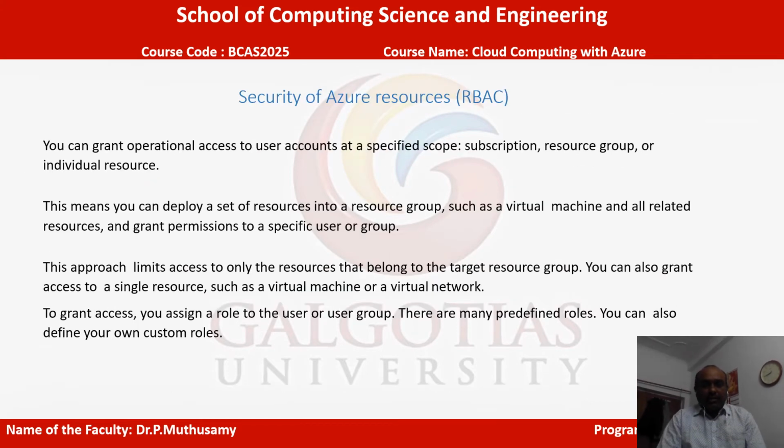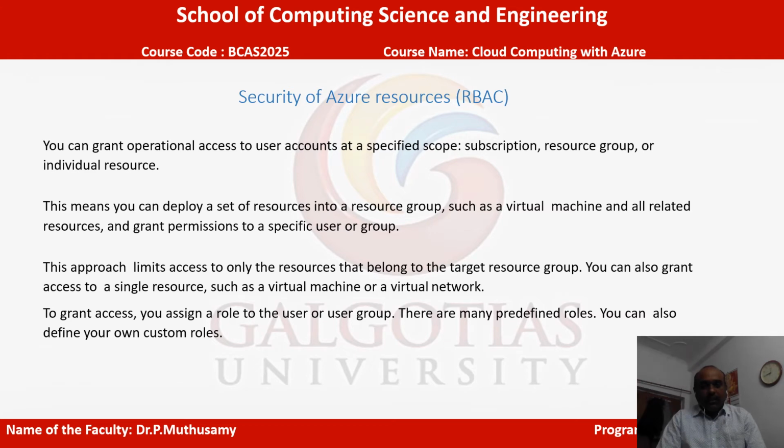You can grant operational access to user accounts at a specified scope: subscription, resource group, or individual resource. This means you can deploy a set of resources into a resource group, such as a virtual machine and all related resources, and grant permissions to a specific user or group.